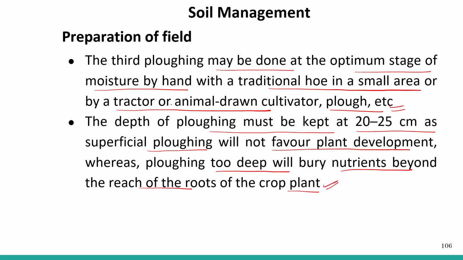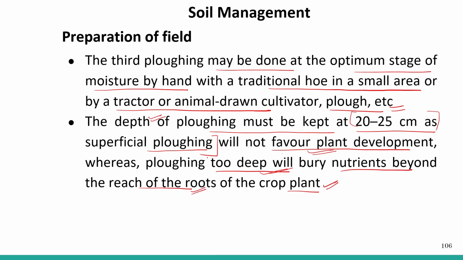So it is very, very important if you are going for deep plowing. If you plow very deep, what will happen? The depth must be kept around 20 to 25 centimeters, as superficial plowing will not favor plant development, whereas plowing too deep will bury the nutrients deep into the soil, and they will not be reachable for the roots of the flowering plant.